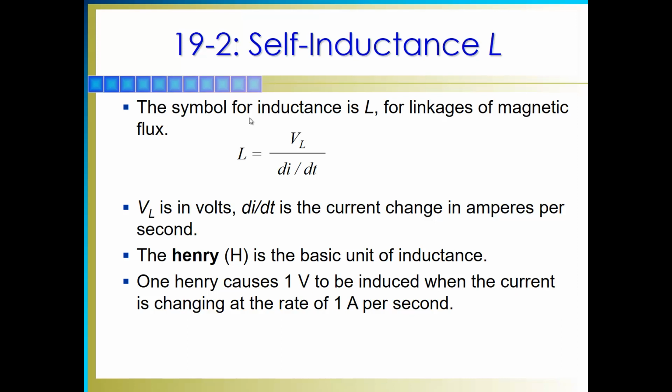In other words, the rate of change of the current, when we have current on the conductor that changes 1 ampere every second, that's when we have 1 volt induced as a result of this inductance.